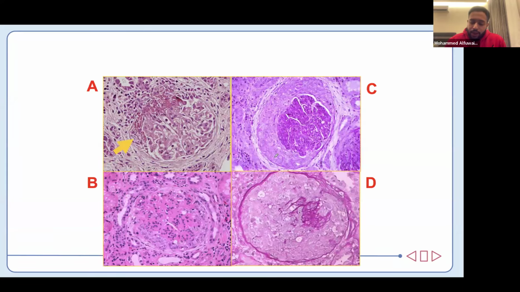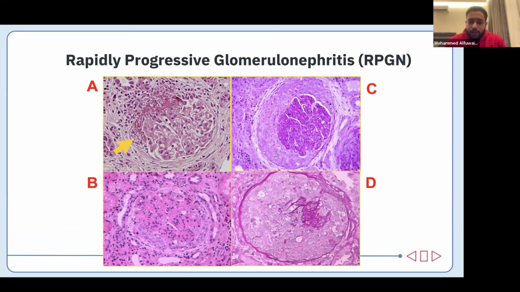Tamam? Now, you have a lot of sets of diseases that will cause what's happening in this patient, which is very rapid deterioration of renal function. Rapid deterioration, severe deterioration. What is this called? Rapidly progressive glomerulonephritis. Good.